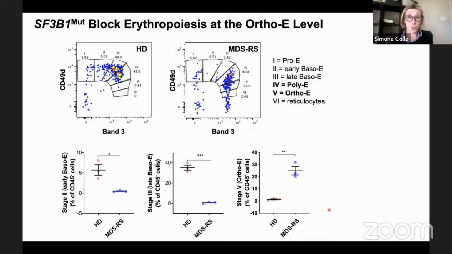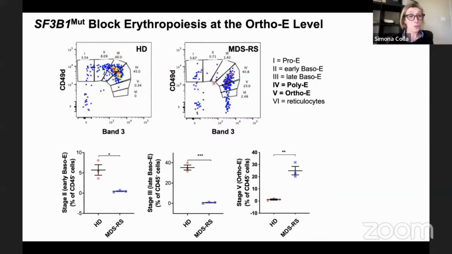And what we did was to use again a different approach, so not anymore the markers that we used to distinguish the stem cell and the orthochromatic cell by single cell RNA sequencing, but another panel of antigens that was previously published and distinguishes the erythroid population in 6 different populations based on the expression of CD45, which should be negative, glycophorin, which should be positive, and inside the CD45 negative glycophorin positive cells, looking at BAND3 and CD49d.